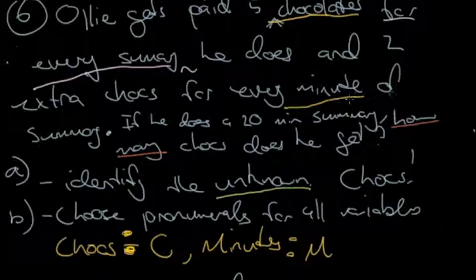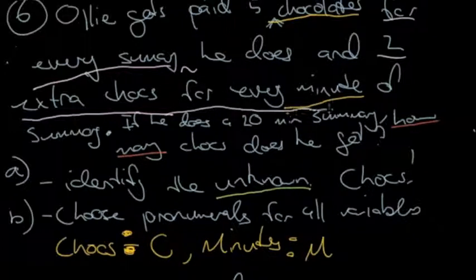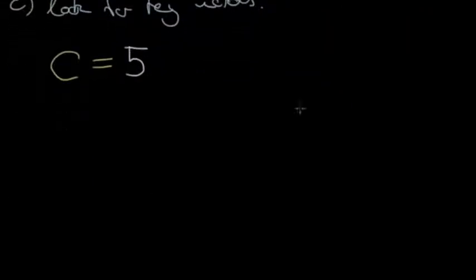And then 2 extra chocolates. So this is us looking for keywords. 2 extra chocolates for every minute of summary. Okay, so we had 5 to start off with, plus 2 extra chocks for every minute.